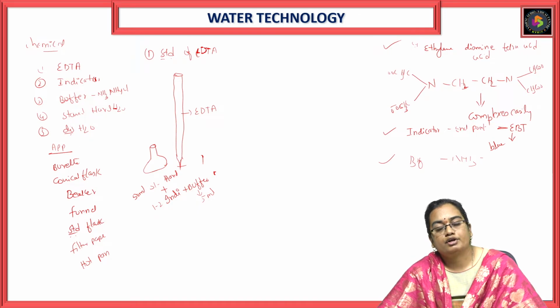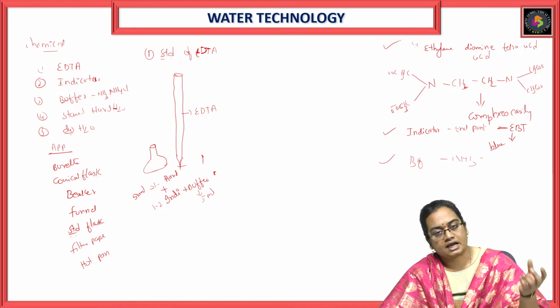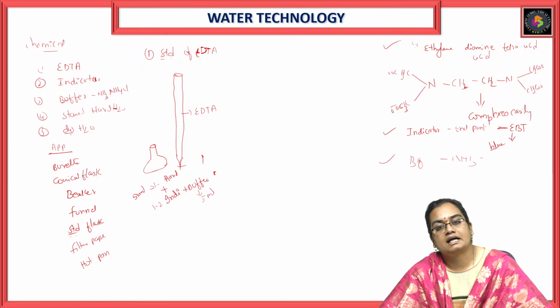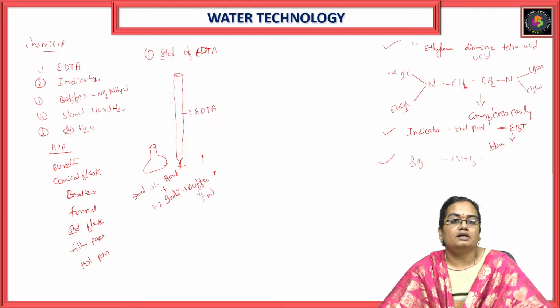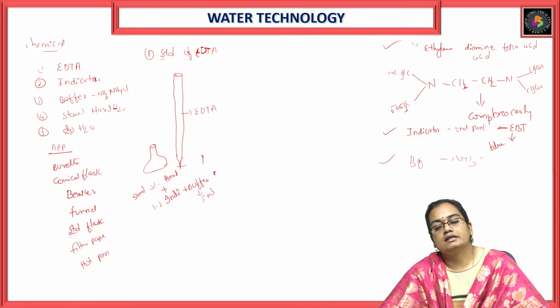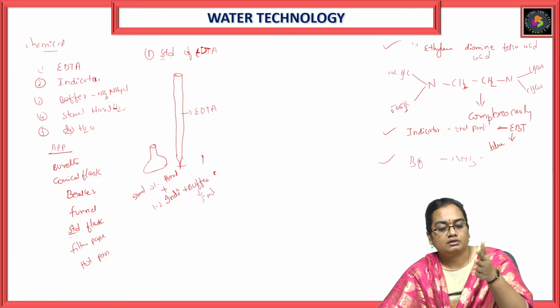For a titration, we definitely need to observe a color change. The color change takes place because, when the indicator is added to your solution, it forms unstable complexes first, and because of that it gives one color. When it is titrated against your titrant, that means your burette solution, the color changes from the initial to the final color.